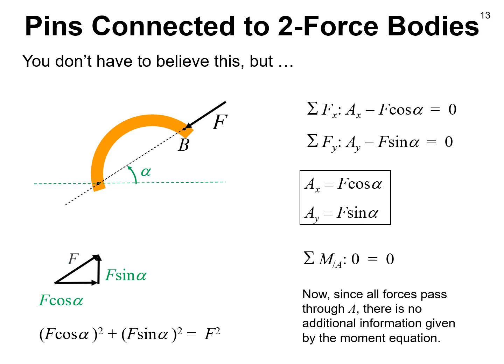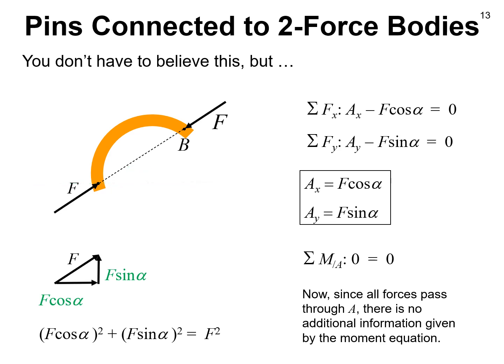And if I take the square root, I see the magnitude of the hypotenuse of that triangle is F, which means that the total equivalent force at point A really was, as we said before, a single force directed through point B with a magnitude of F. And so here we are at our original result that the two force body theory tells us.